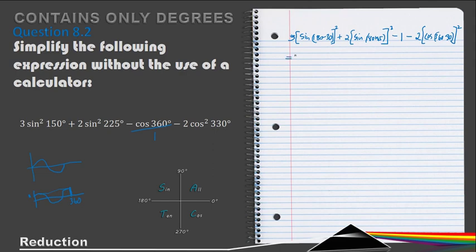So now to apply the reduction, this is sine 180 minus, which is in sine's quadrant, so it stays positive: sine 30, plus 2, 180 plus 45, and 180 plus is tan's quadrant, so this is going to become negative sine 45, and then minus 1, that's squared, minus 1, minus 2, so cos 360 minus 30 is in cos's quadrant, so it stays positive there, and squared.